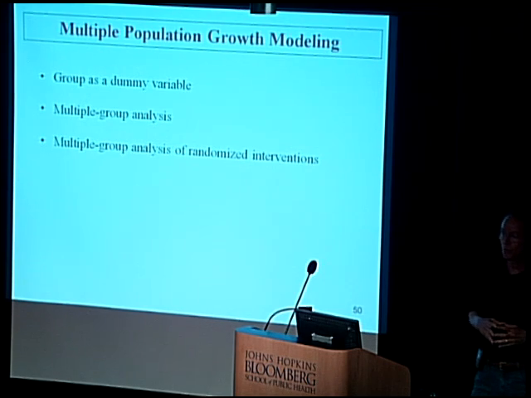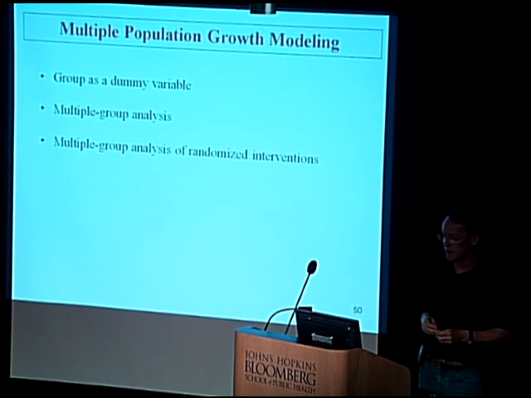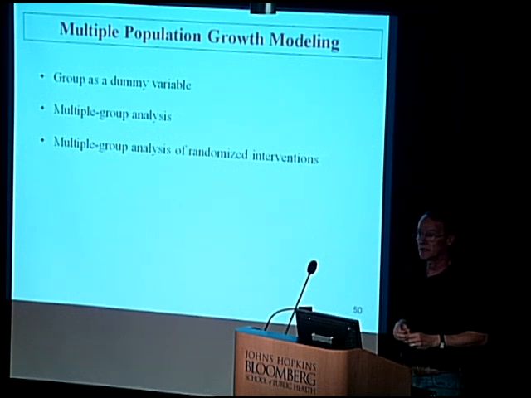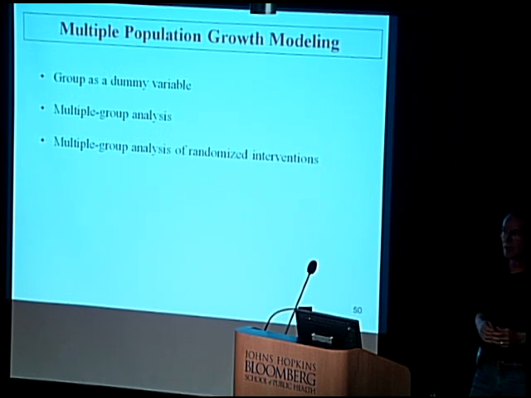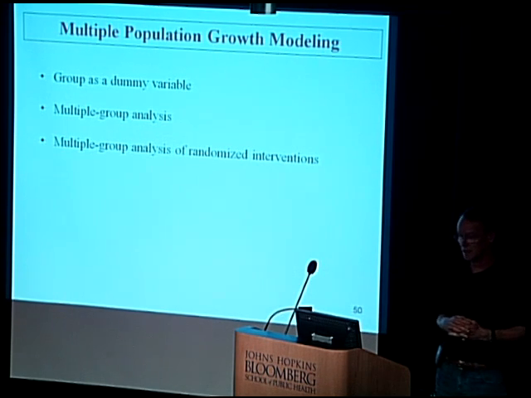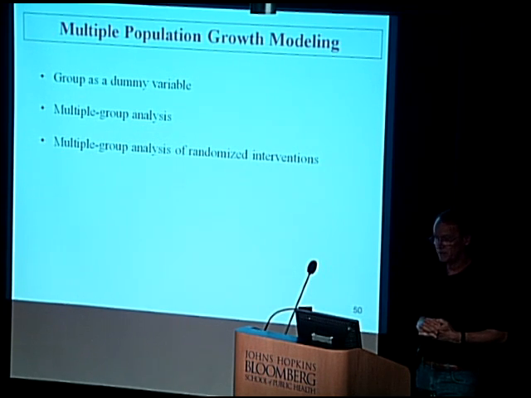And one is a simple approach where when we talk about multiple populations, we sometimes say multiple group analysis. So take as an example an analysis where we're interested in gender differences. So it's a joint analysis of males and females, and we want to explore which parameters are the same for the 2 groups and which parameters are different.